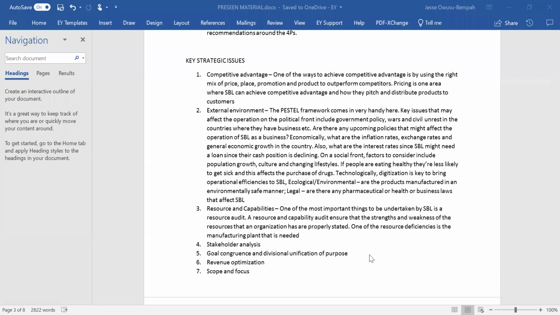So the exports division will be focused on all things related to overseas. The disadvantage is that sometimes these divisions can work in silos. They might not be working hand in hand. They might see themselves as different companies competing against each other.